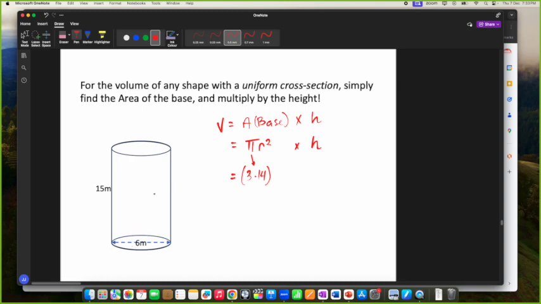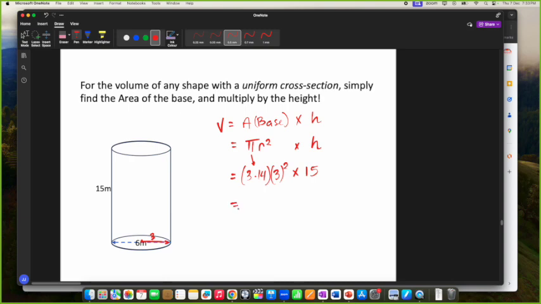Isaiah, I have a feeling you used the radius as 6. But the radius is not 6. The diameter is 6. The radius will be half of the diameter. The radius is 3. So you have the radius being 3 squared multiplied by the height, which is 15.